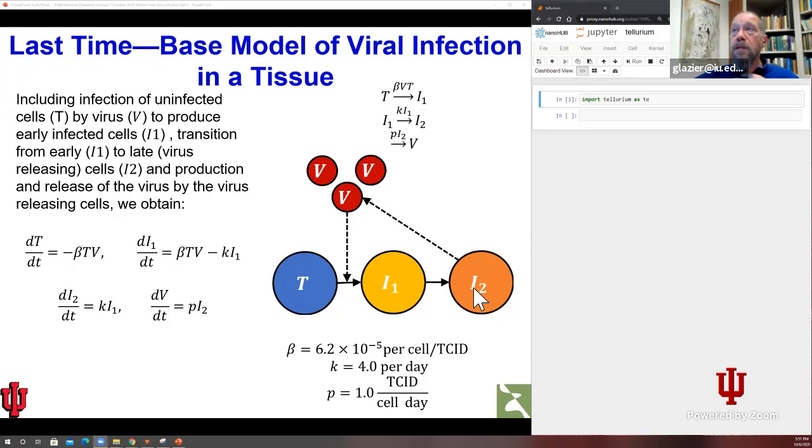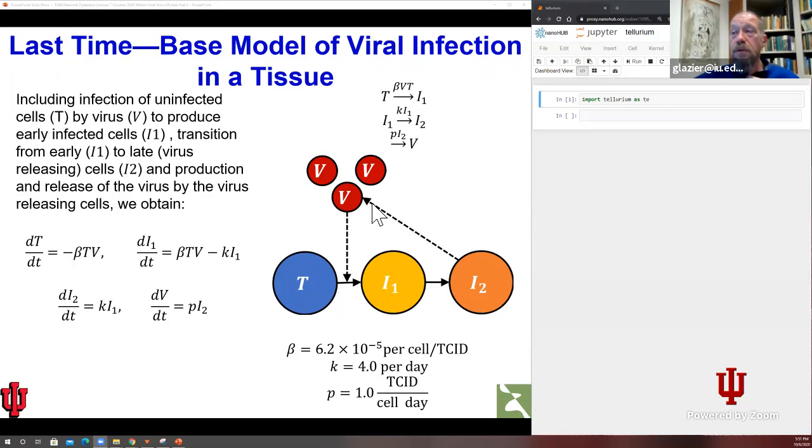Based on that, we built what we called sort of a base model of viral infection in tissue. And the fundamental concept was that we have some virus, we have some infectable cells we call T. The virus gets into combines with the infectable cells T to make our I1 cells. There's some rate at which the I1 cells become I2 cells, and then they begin producing virus.